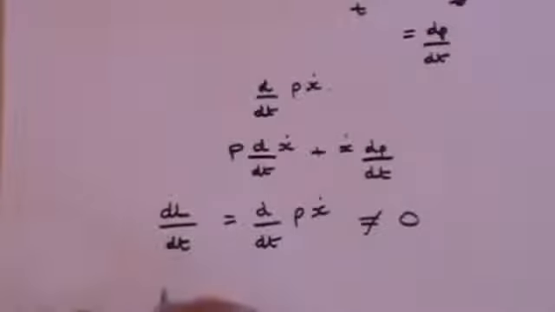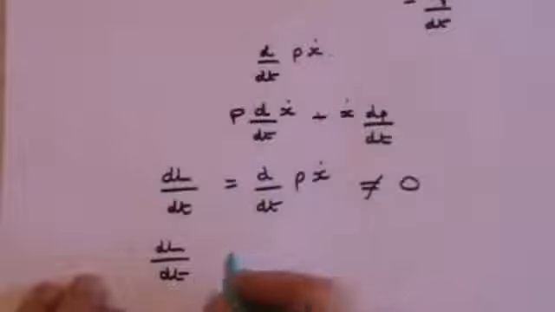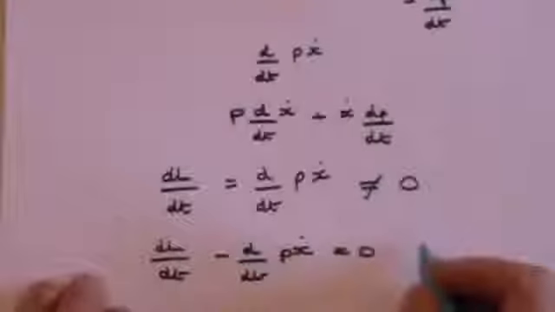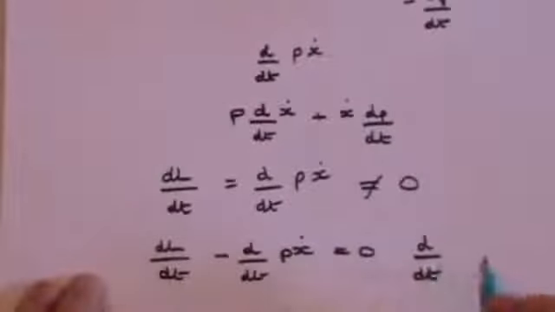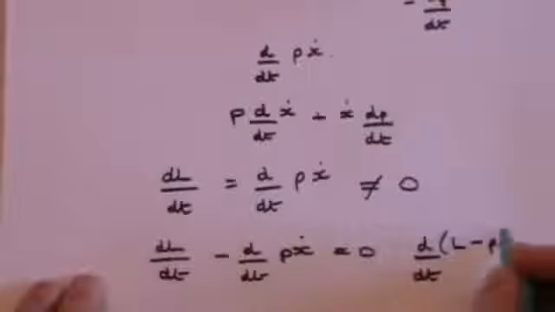So we can have dL by dt minus d by dt of p x dot, and that does equal 0. And we can rewrite this as d by dt of L minus p x dot.